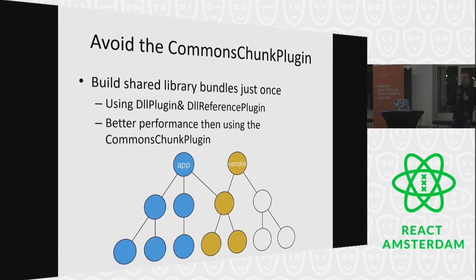Then inside your application bundle, when you run Webpack, you use the DLL reference plugin. You basically tell it, well, there's a manifest file which contains all the stuff which is already available, just use it from there. Because all of that's already been done once, it doesn't need to rerun all the time, it doesn't need to be really evaluated, and that saves a lot of code.